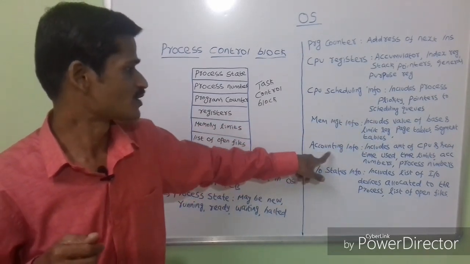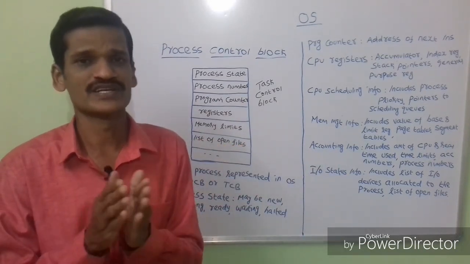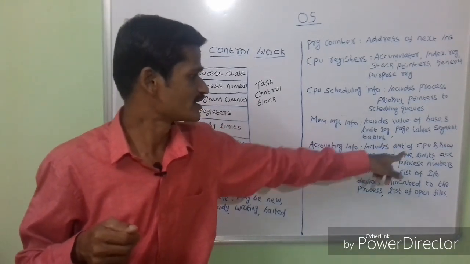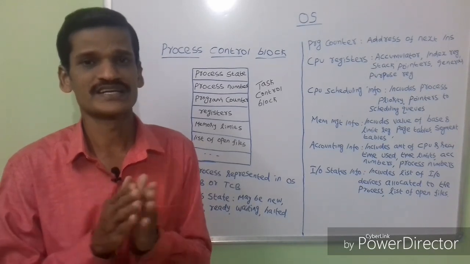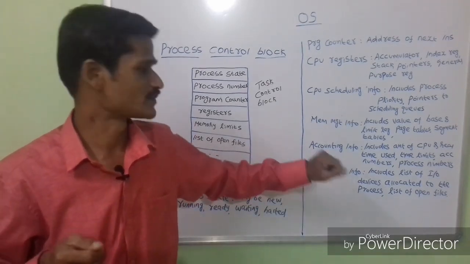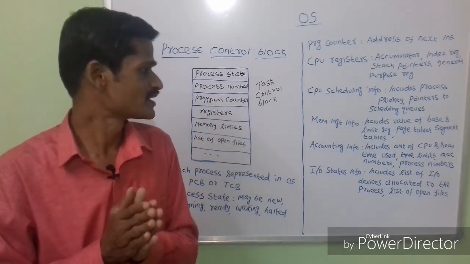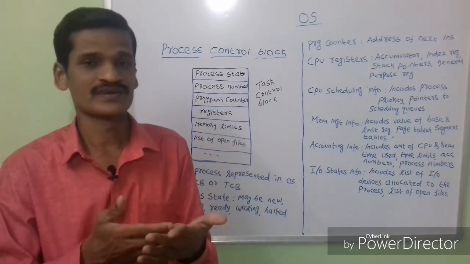The next one is accounting information. What accounting information do we have in our process control block? It includes the amount of CPU and real time used, that is, how much time is used in real time. The second one is time limits, how much time it may be used.